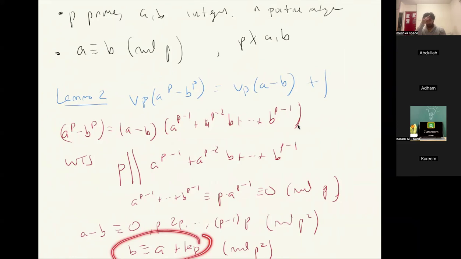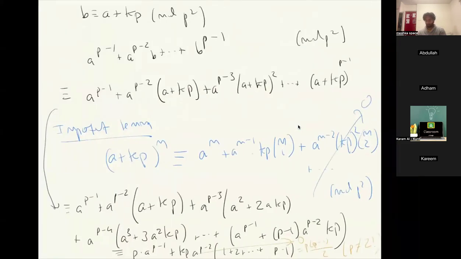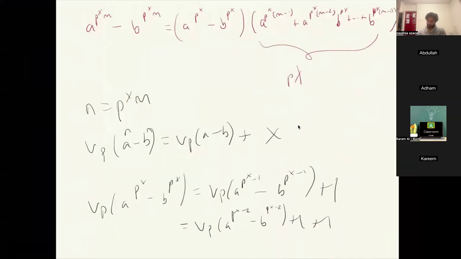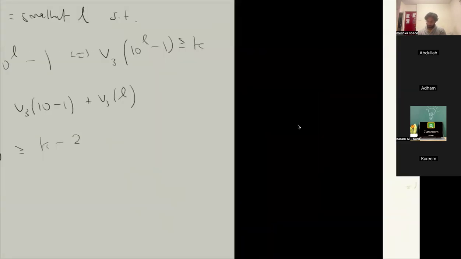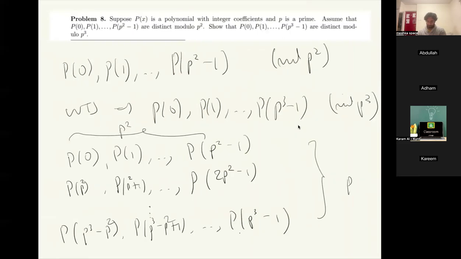And so we did this kind of substitution, and it was very helpful because we were able to use the binomial theorem. It's a very similar situation, because in each column we have a bunch of numbers that are equal mod P squared, but different mod P cubed.